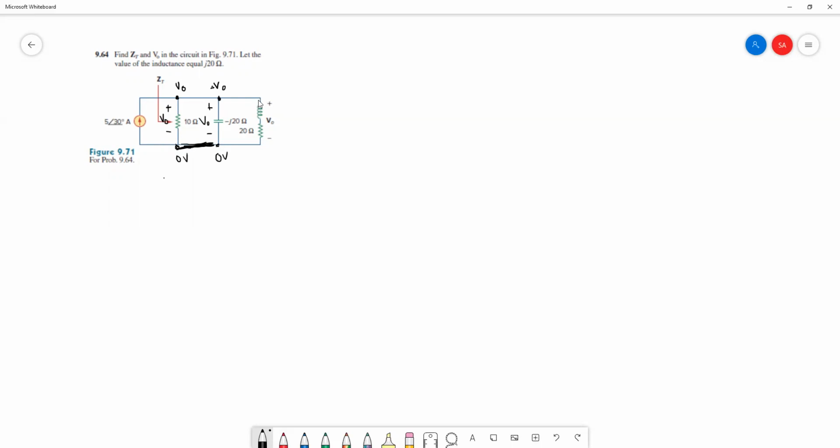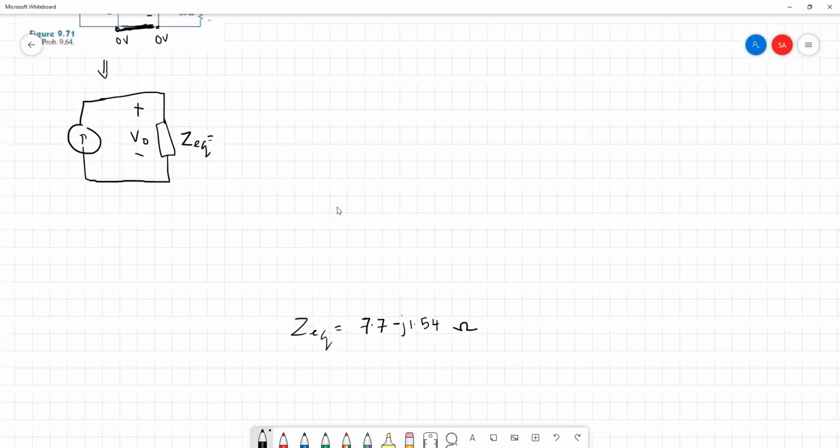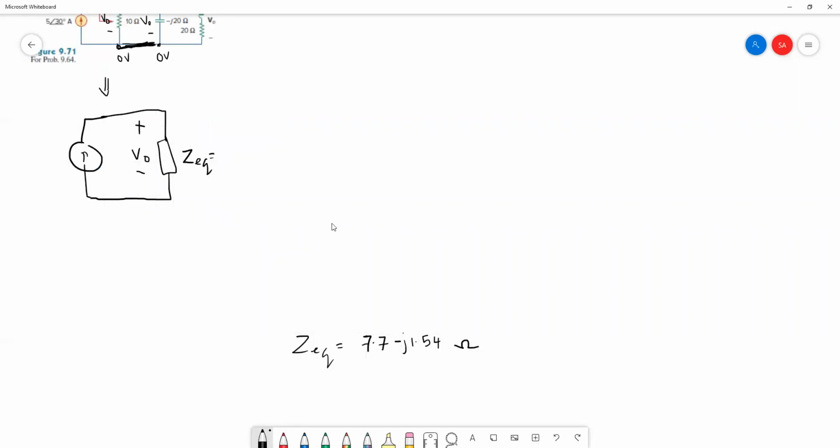So I can simplify the circuit like this. This is my V out, and this should be the Z equivalent that we have already obtained, which is 7.7 minus J1.54 ohms.